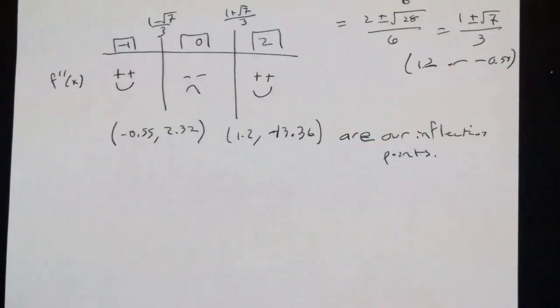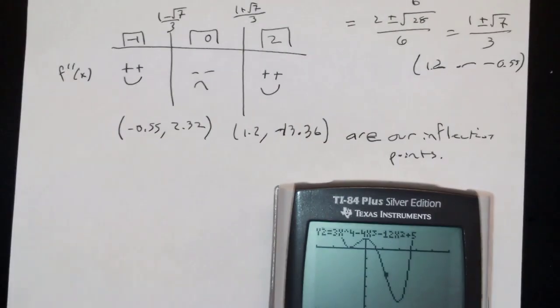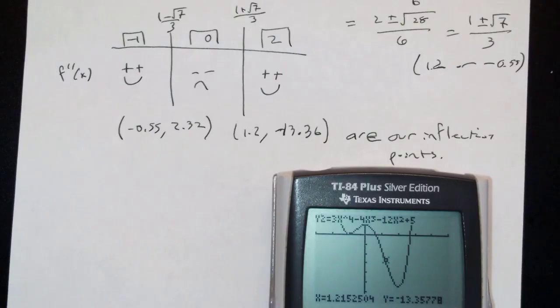Now we actually got a physical point. That's why we called them points of inflection rather than numbers. And this matches up with the image in my graph.